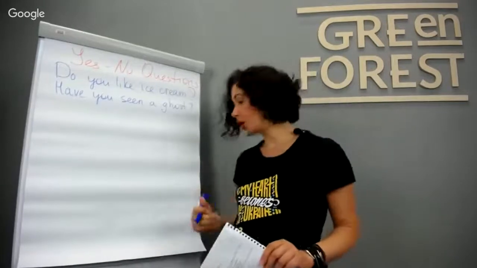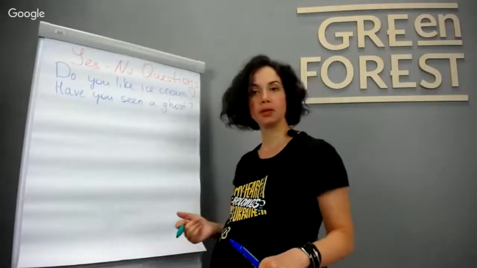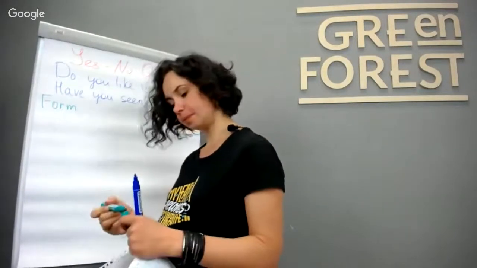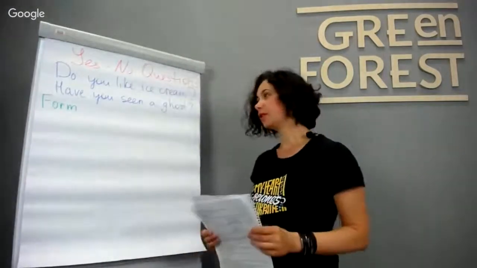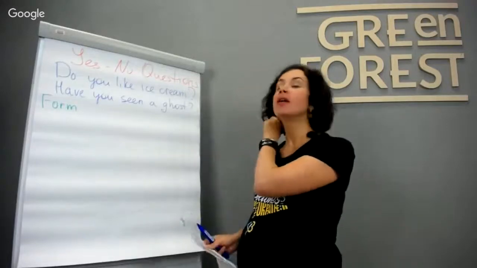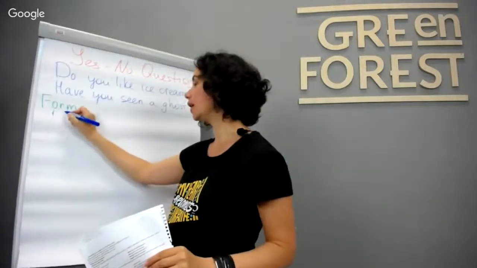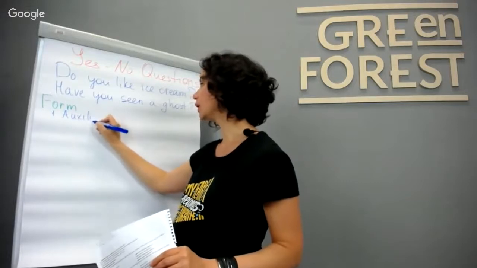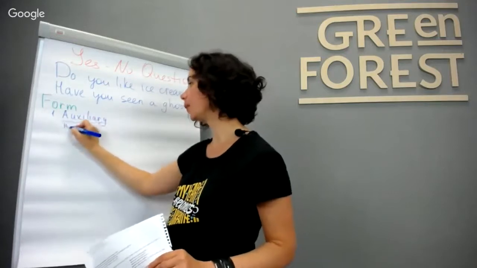Let's look at the structure, how we form yes/no questions. After that, we will discuss how to answer them, what kind of intonation to use, and so on. So, formation. We form yes/no questions in a very easy way. As you can see, at the beginning, number one, it's going to be an auxiliary verb, or we can also say helping verb.